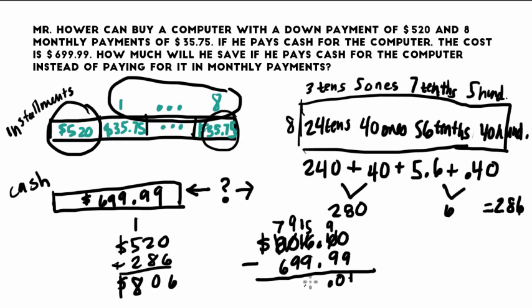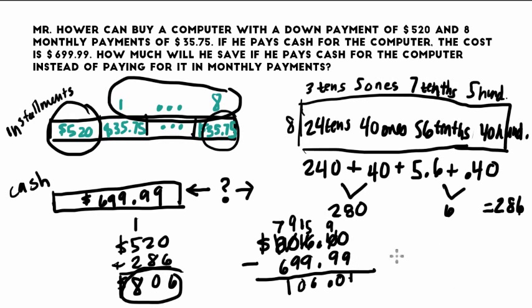And 15 take away 9 is 6. 9 take away 9 is 0. And we would save $106.01. So in this case, we could check our answer if we'd like by just adding 106.01 to 699.99 and see if we got the 806.